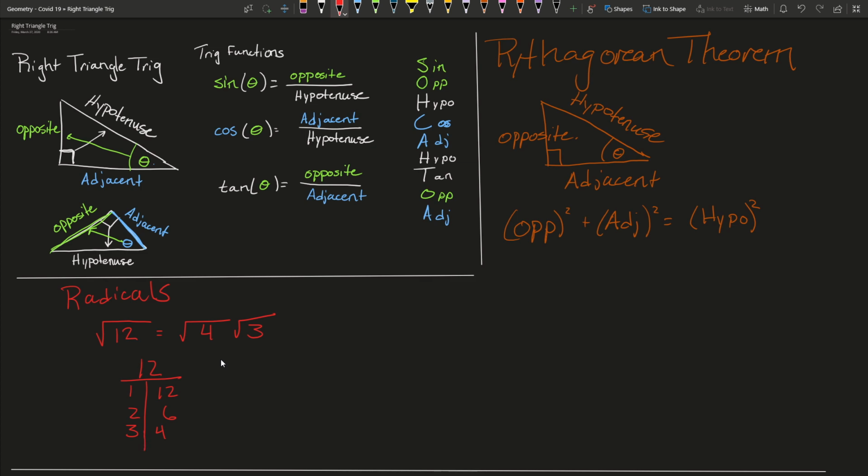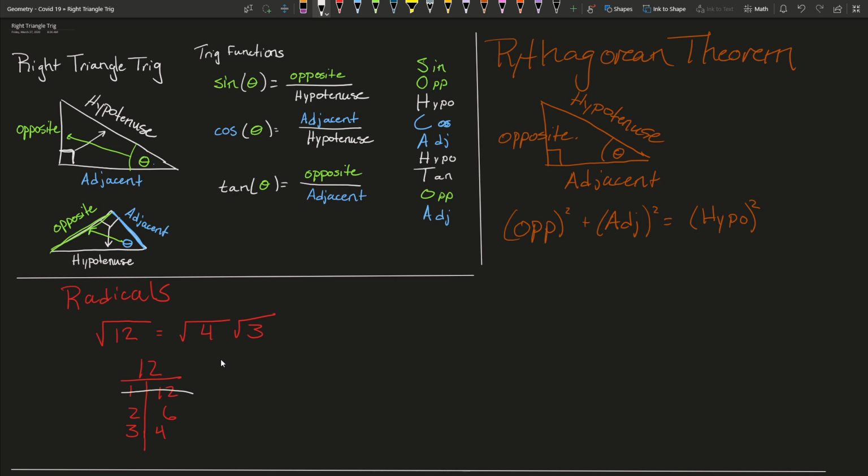Given these pairs of factors, we're trying to look for a pair with a perfect square. One is technically a perfect square, but we don't really consider it, since 1 times 1 is 1. For 12, there's nothing times itself that equals 12, so that's off our list.